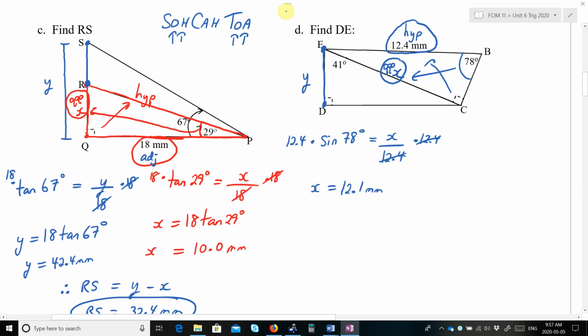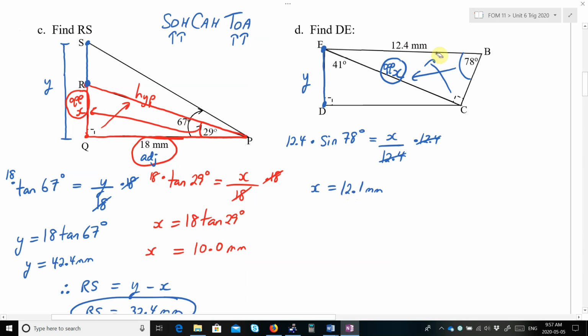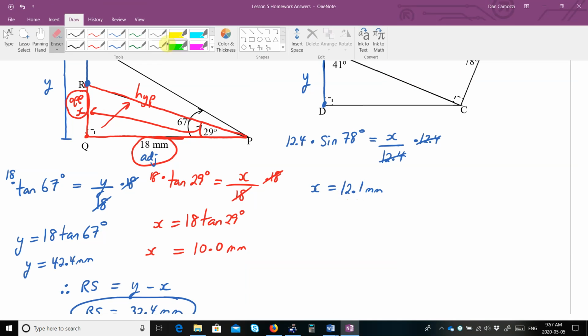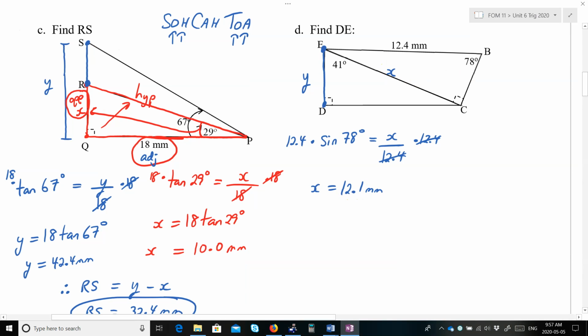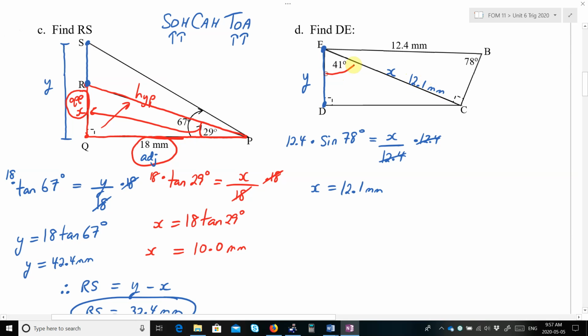Okay, so there's x, and now let's change the dynamic of this. We have now just figured out x as being 12.1 millimeters. And in this other triangle, we have this angle.